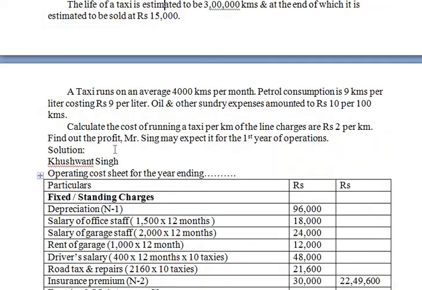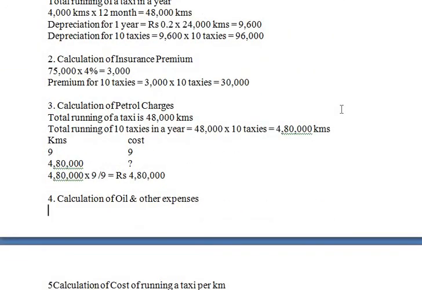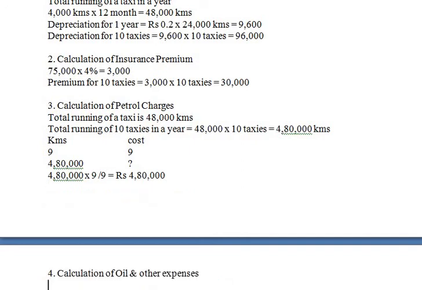Now for that, what information they have given? Oil and other sundry expenses amounted to rupees 10 per 100 kilometers. So per 100 kilometers they have told. So take down next working note. This way we'll take it to the next page only. Now here calculation of oil and other expenses.